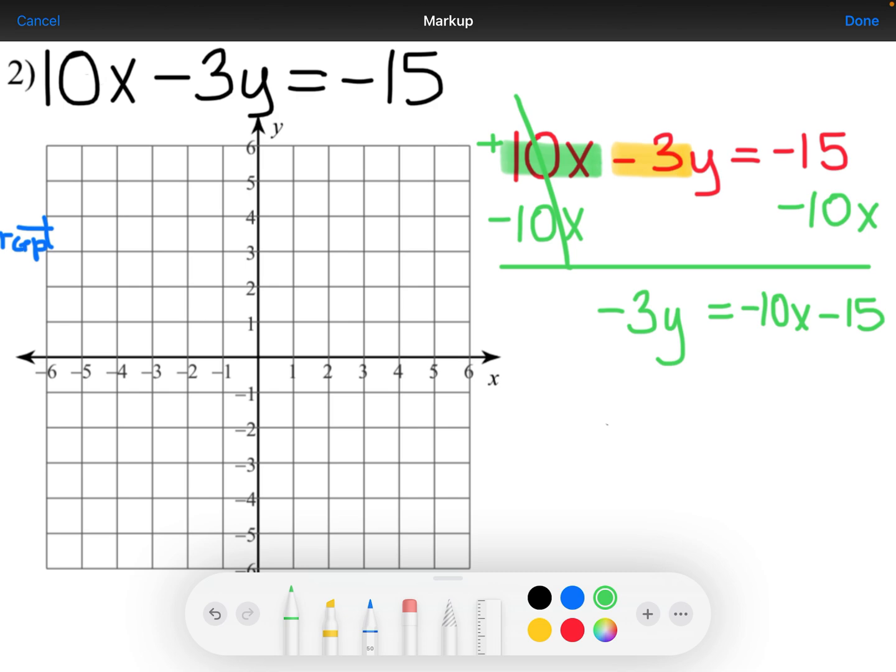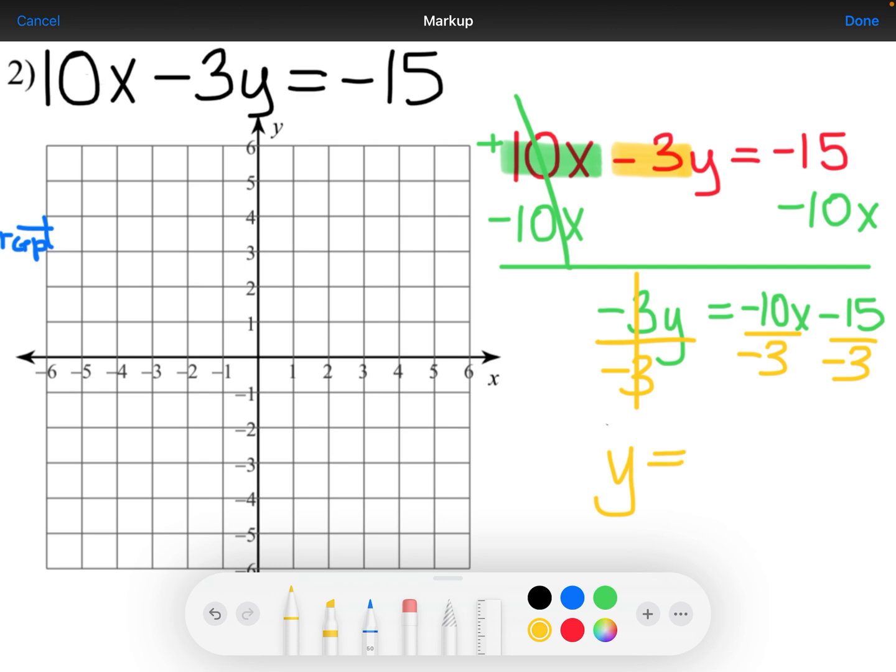Now I want to divide by the coefficient of the y, which is -3. When I divide by -3, I'm dividing every term by -3. The -3y divided by -3 cancels down to 1y, or y. -10x divided by -3.